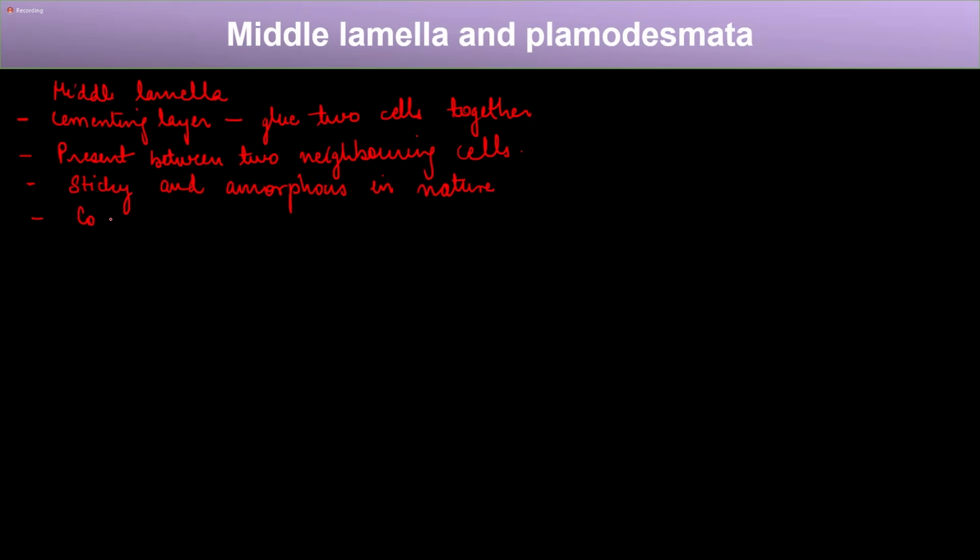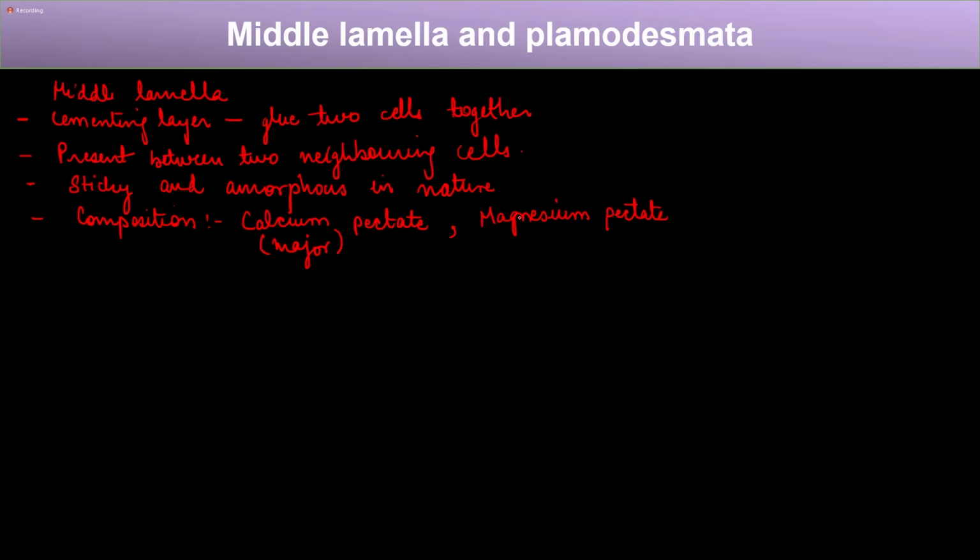If we talk about the composition of the middle lamella, it is mainly made up of calcium pectate. The major component is calcium pectate, but it also consists of magnesium pectate.